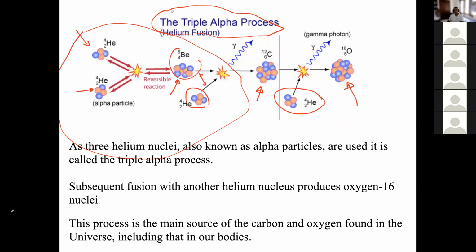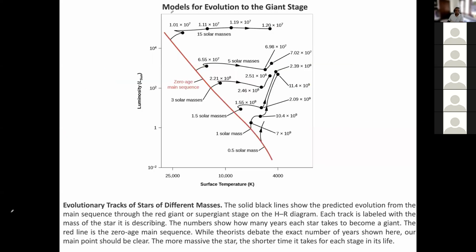Now, if you look at this HR diagram, it shows you the tracks of stars with different masses. Again, this is made to make it easy for you to understand this process. You can see that these low mass stars move away from the main sequence to different points.